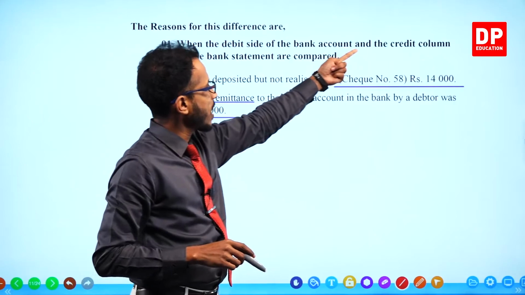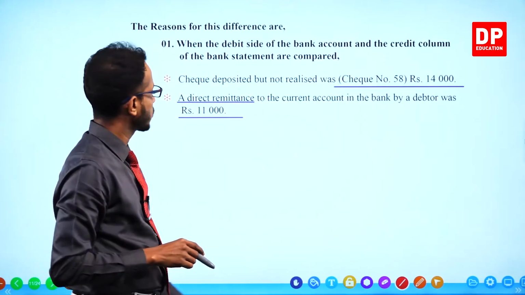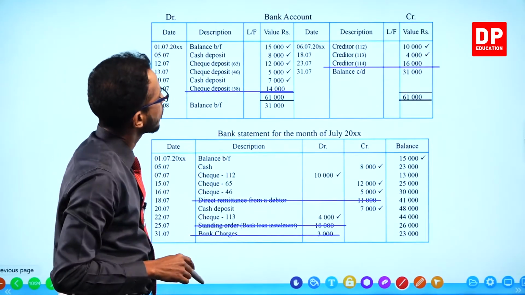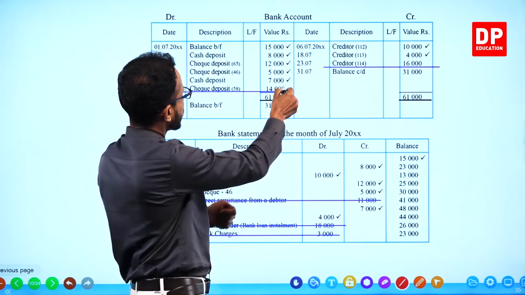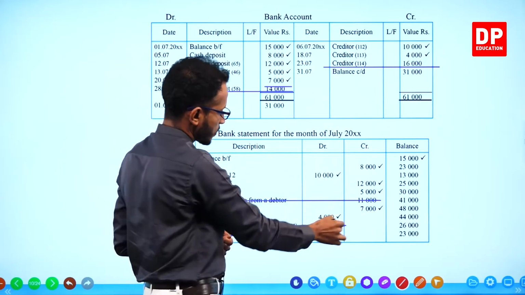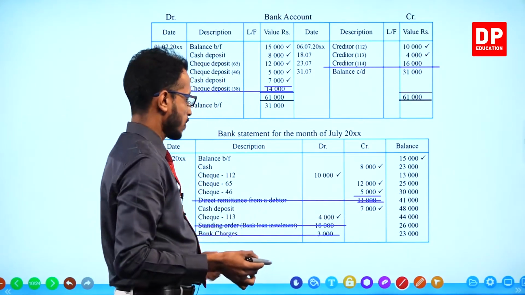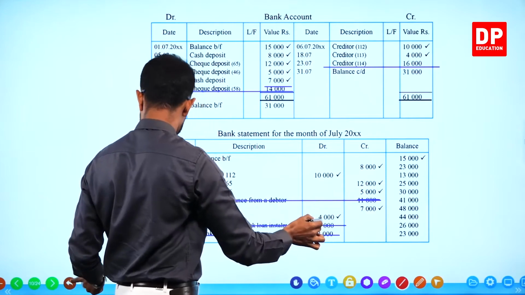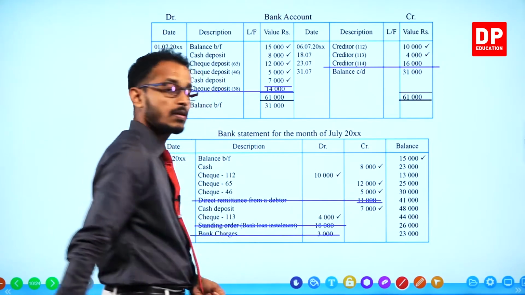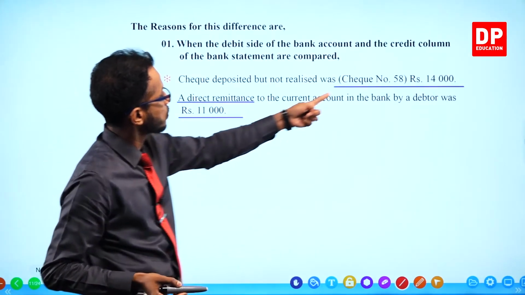Debit side of the bank account and credit column of the bank statement. This item and this item. That is what they say here, 14,000 and 11,000.